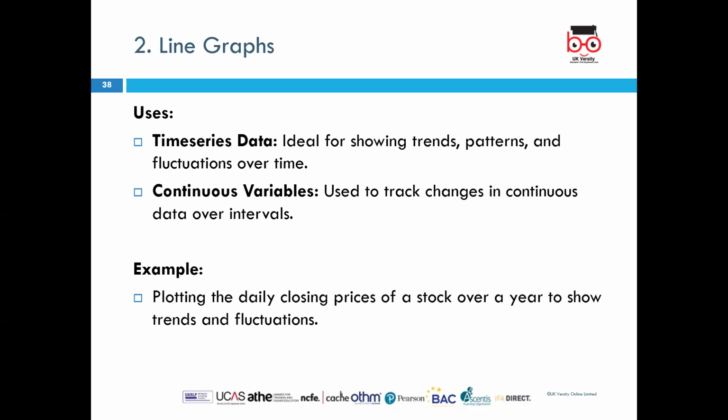With linear graphs, we're now looking into time series data, continuous values, where the first one is now ideal for showing trends, patterns, and fluctuation over time. And the second one is used to track changes in continuous data over intervals.